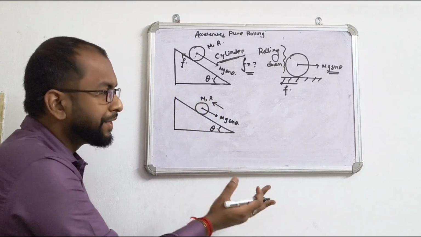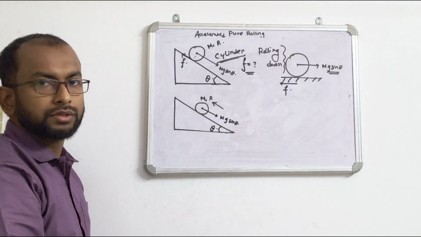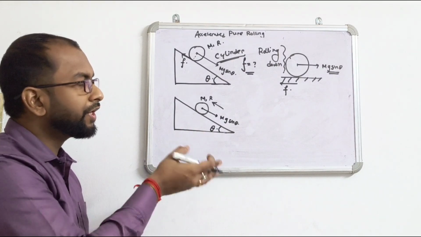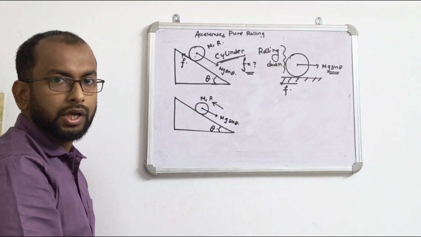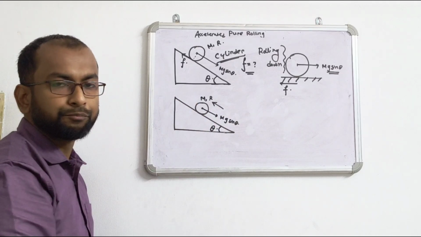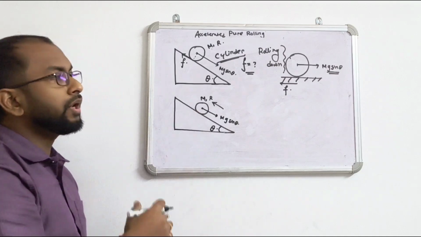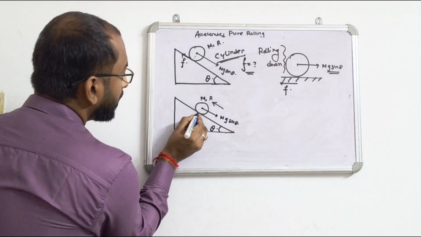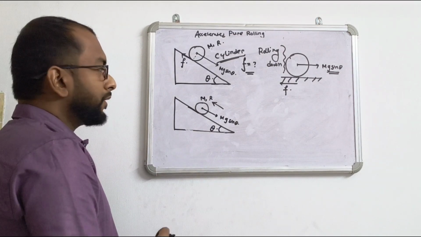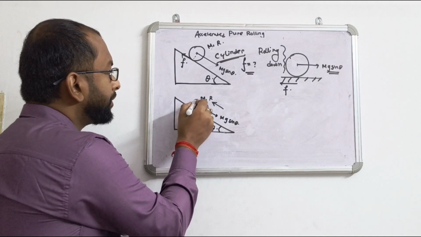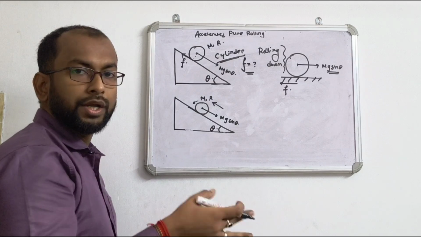Then while it is decelerating upward, is it increasing its angular acceleration? No, because if it increases angular acceleration while it is decelerating forward, it will ultimately slip over this surface. In order to have the pure rolling motion, friction will come again here. Friction will try to provide the anti-clockwise torque, because in this direction it needs to decelerate angularly.